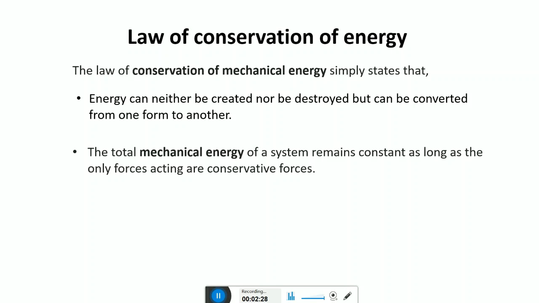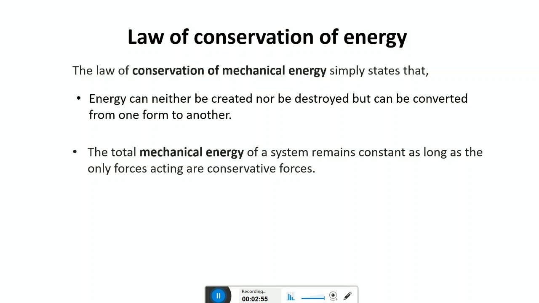Conservation of energy is one of the fundamental laws and it is always obeyed in all processes taking place in the universe. We know that energy can exist in various forms. Whenever energy in one form disappears, an equivalent amount of energy appears in some other form, so that total energy remains constant.